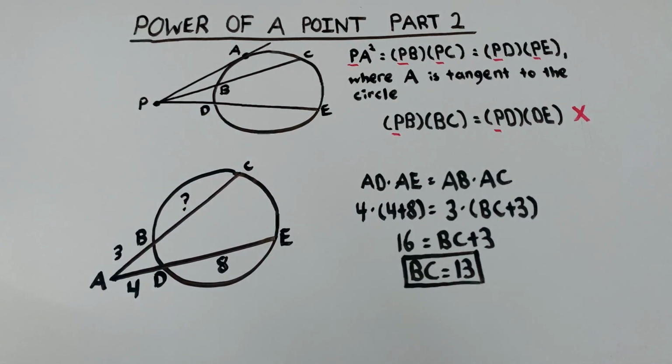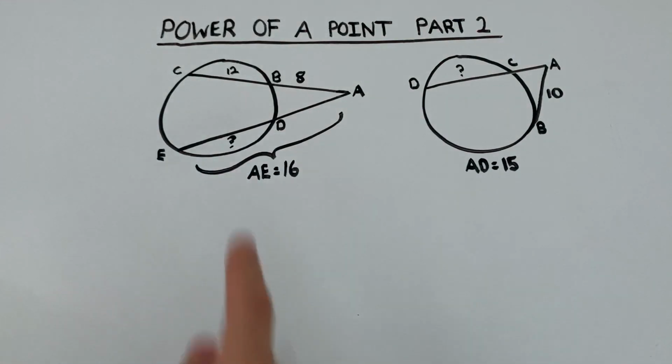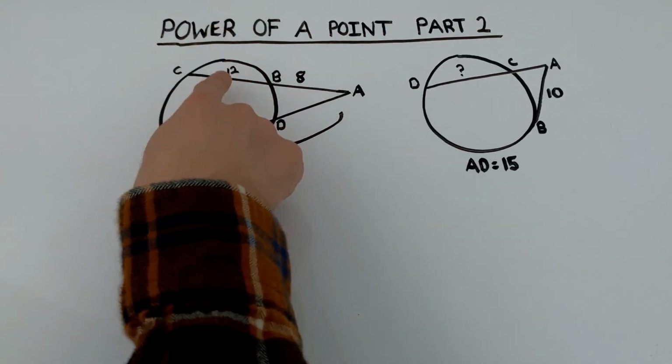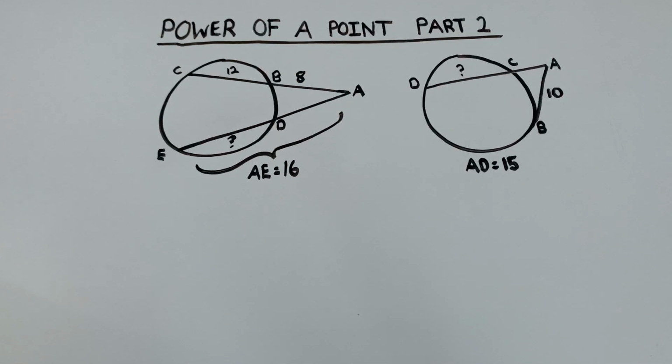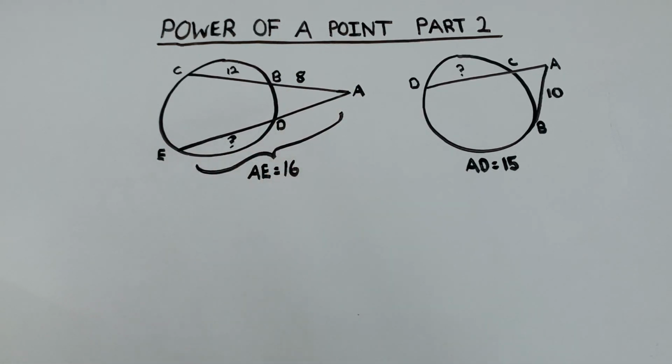So now let's finish this off with 2 more problems. So here are the final 2 problems for power of a point part 2. So in this first problem, AB is equal to 8, BC is 12, the length of the whole segment, AE, is 16, and we need to somehow find DE.